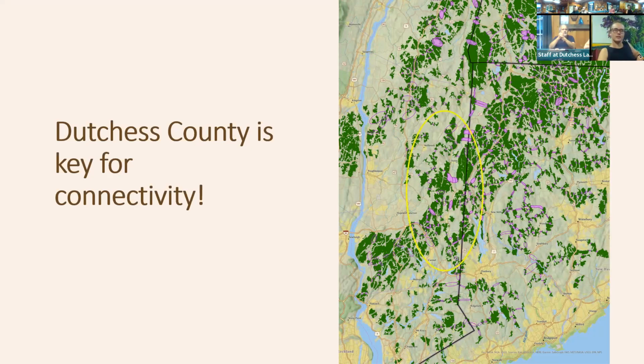And Dutchess County sits at the critical junction between the Hudson Highlands and the Litchfield Hills and Berkshires. So you are that connecting point, and if we don't maintain connectivity here and don't think about how wildlife are moving, the Hudson Highlands could be disconnected from the Litchfield Hills and Berkshires.